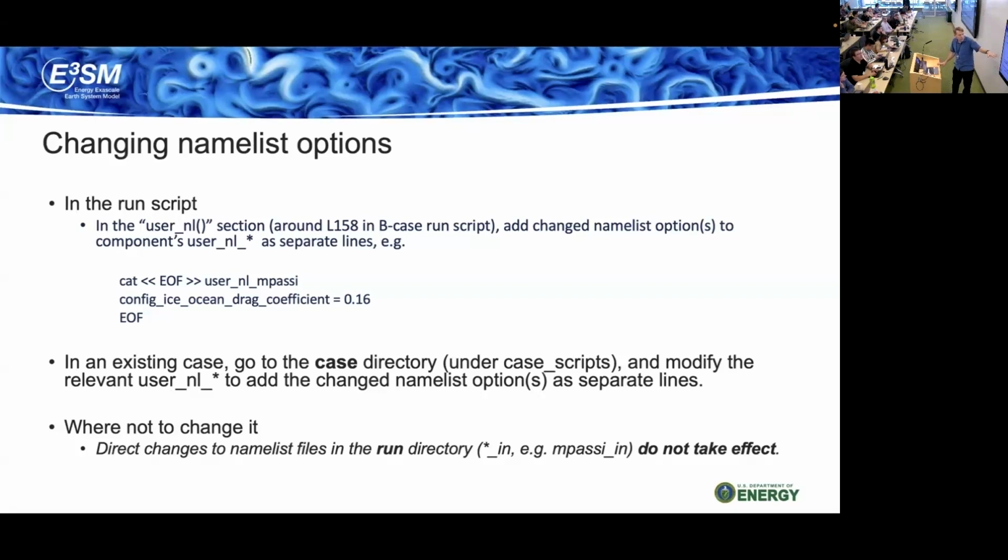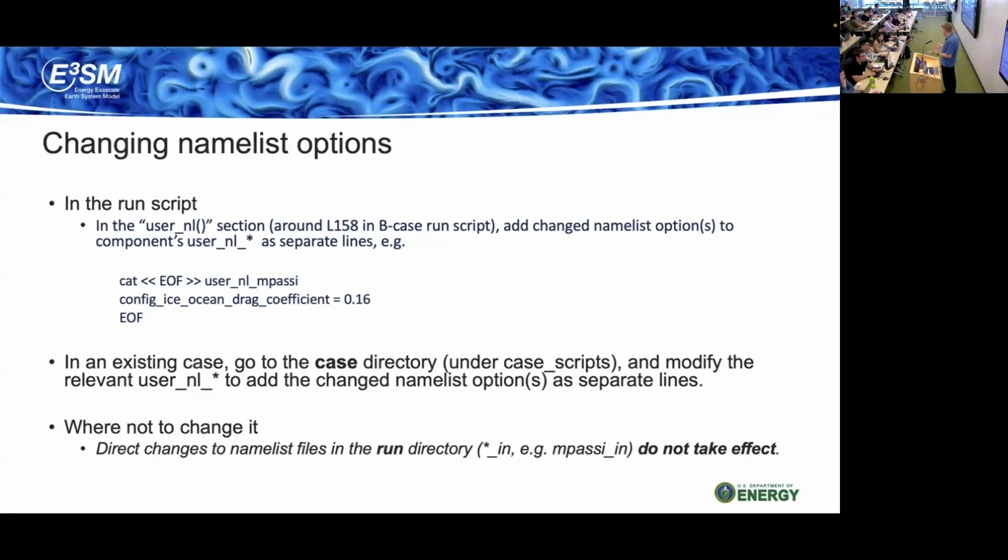And so if you want to change a namelist option, there's two ways to do it. The first is to change the user_nl file that's in the case scripts directory. And you can do that at any time.